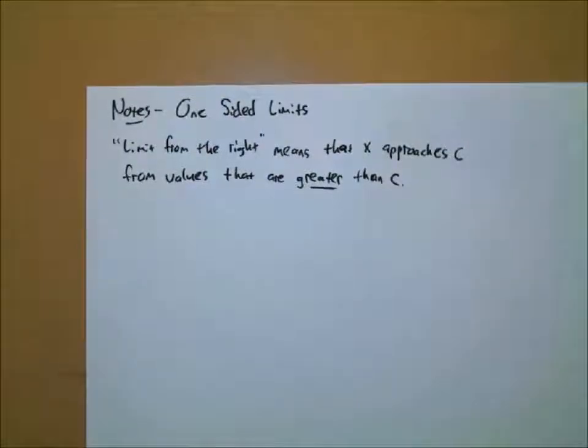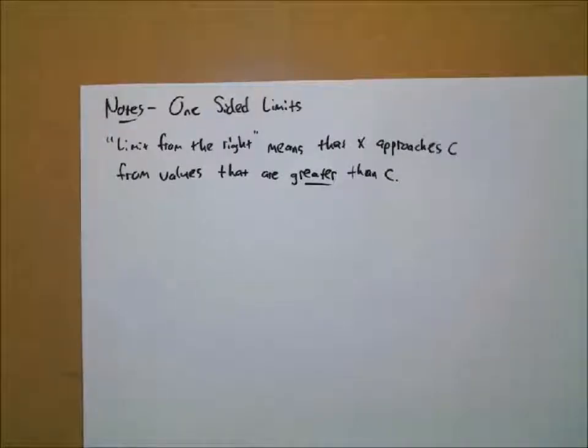Okay, from the right, because to the right of something on a number line, those values are greater. So if we're approaching c from the right of c, that means we're approaching from values greater than c.